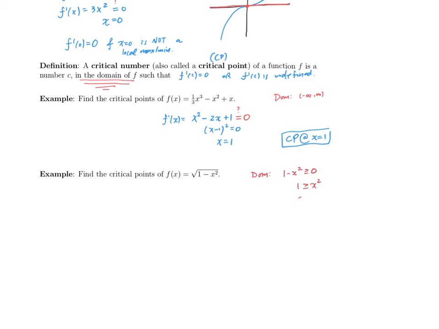And that occurs precisely when x is between -1 and 1. If x is larger than 1 or smaller than -1, that inequality would most certainly not be true. So a critical point of this function is going to be a value in this closed interval from -1 to 1, where the first derivative is 0 or the first derivative is undefined.